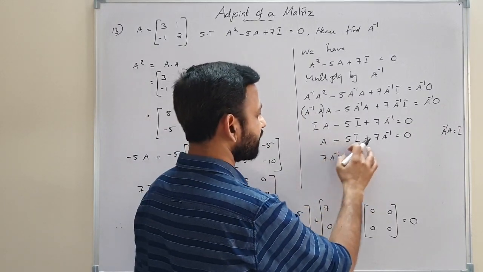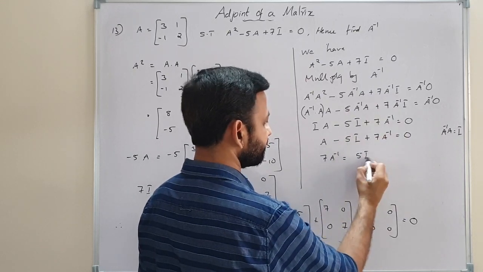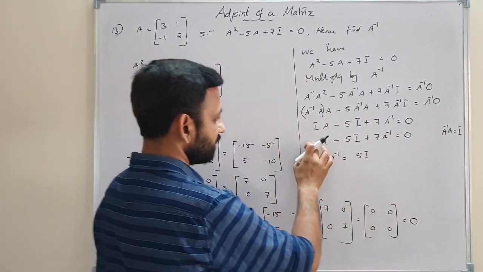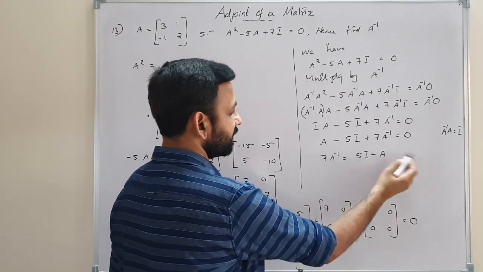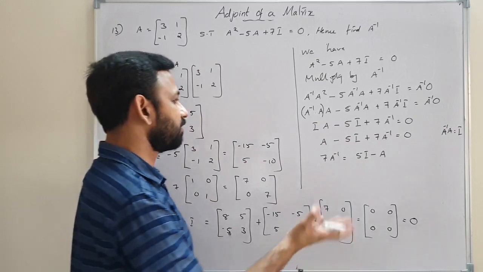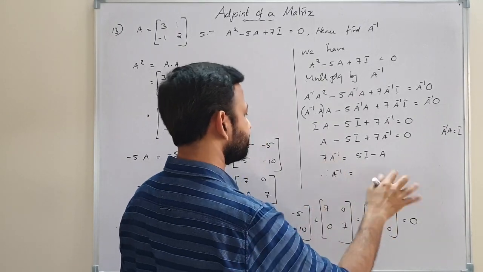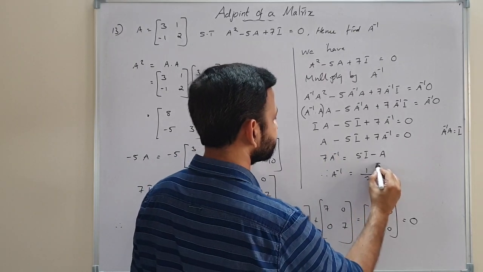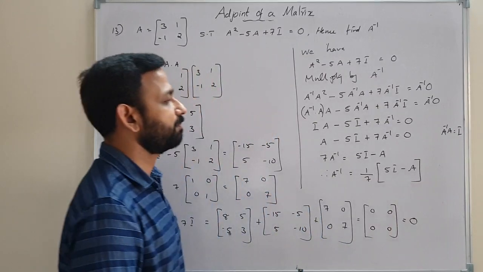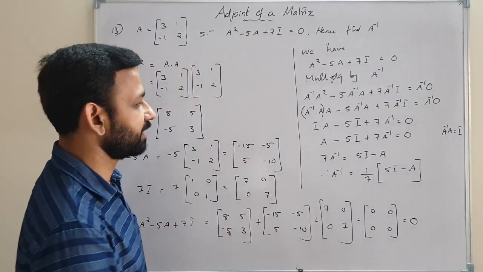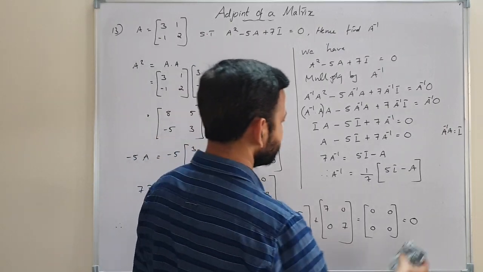Minus 5I becomes plus 5I when we take it from left to right, and plus A becomes minus A. The 0 matrix is already there, plus 0 has no meaning, so we can avoid it. Therefore, A inverse is equal to 1 upon 7 into 5I minus A.